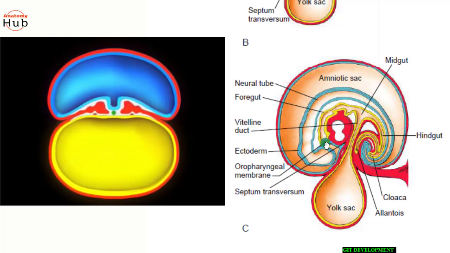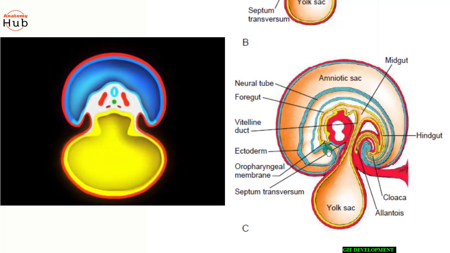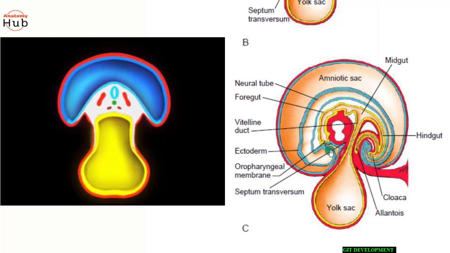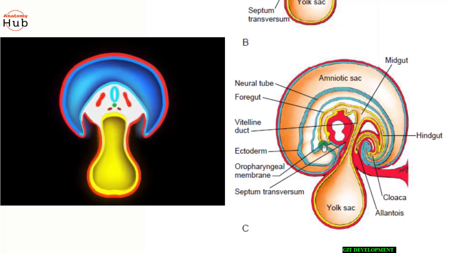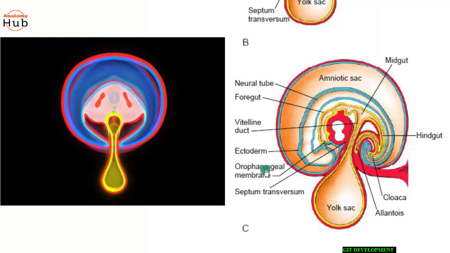The cranial rim of the embryonic disc, the thin area that you can see over here, that is located cranial to the neural plate, contains the oropharyngeal membrane, which represents the future mouth of the embryo.